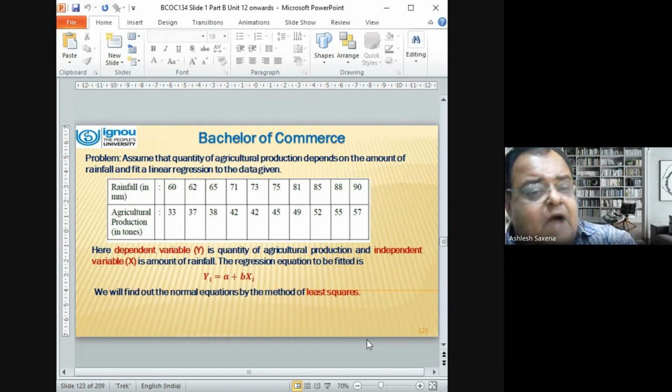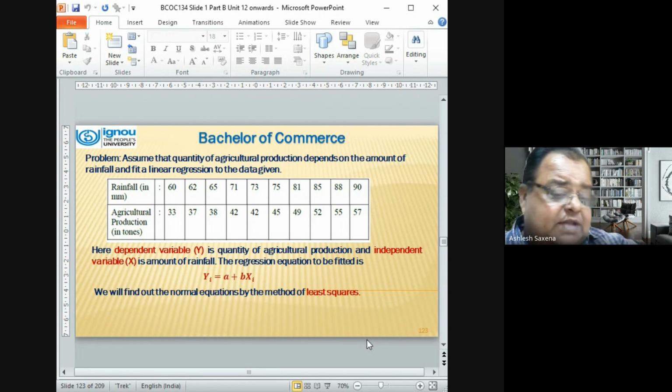Now we will see how all this will be resolved. The problem is, assume that the quantity of agricultural production depends on the amount of rainfall and fit a linear regression to the data given.